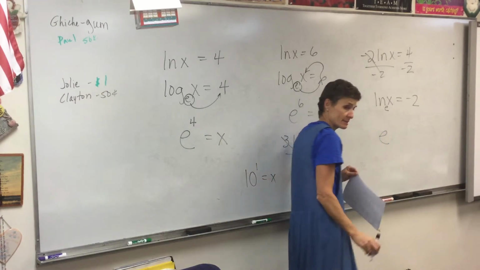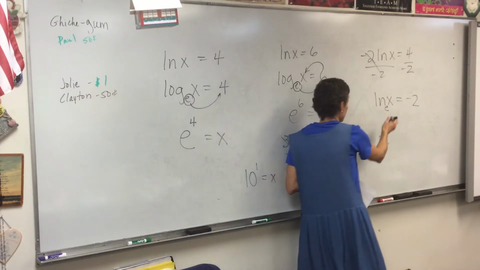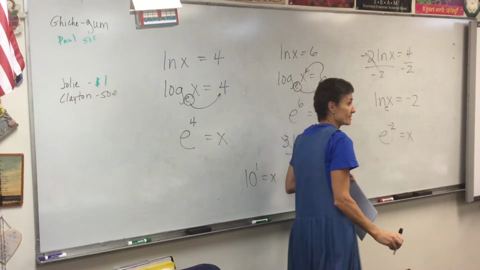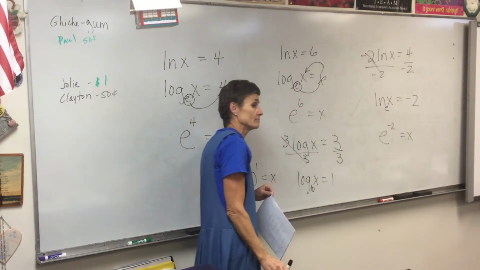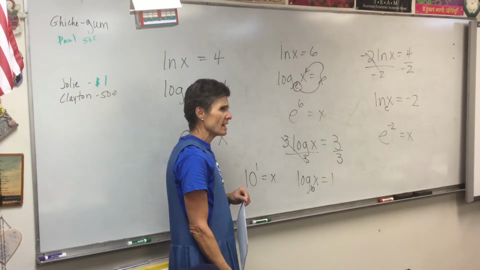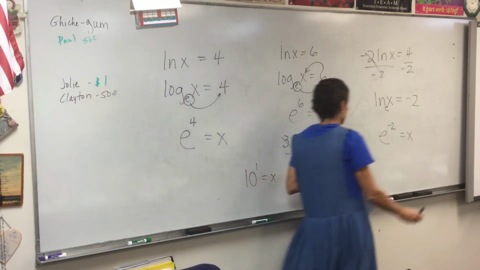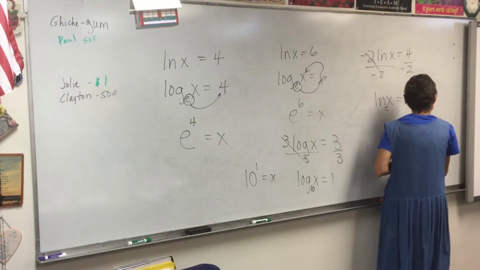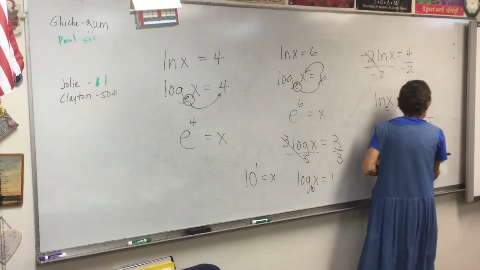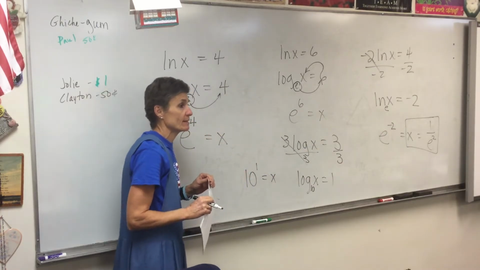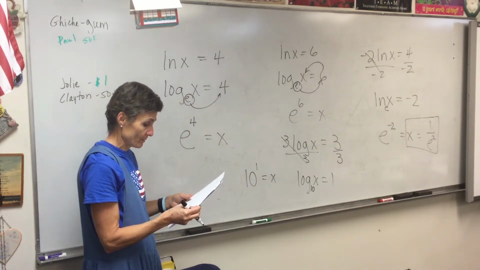You start with the base. So e to the -2nd equals x. What's negative exponent? What do I do with that? 1 over. So the real answer will be 1 over e squared. We still aren't going to get a decimal or a number or anything, but it's going to be 1 over e squared.